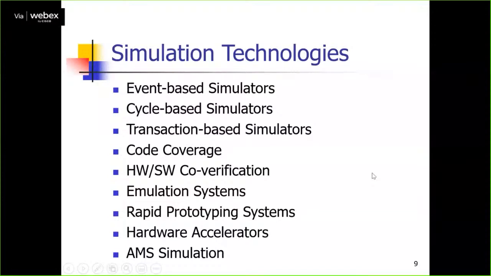The simulation technologies go with event-based simulations. Say you have an AND gate that you are checking, with inputs A and B. At time t1, you change the event on A from 0 to 1. At time t2, you change the event on B from 0 to 1.